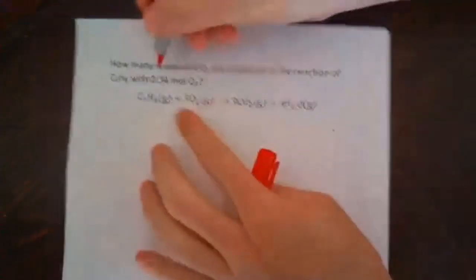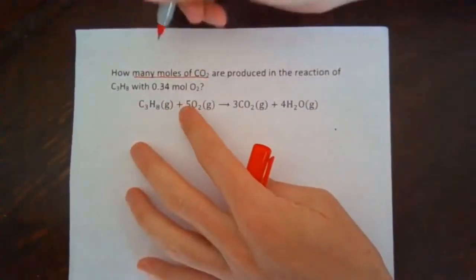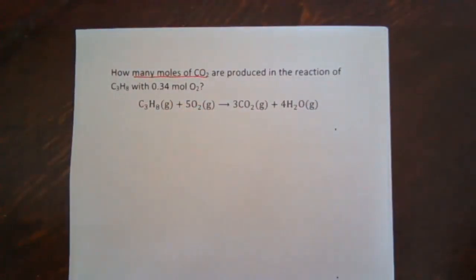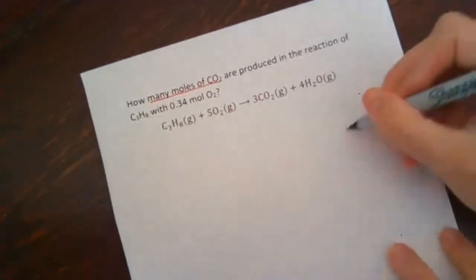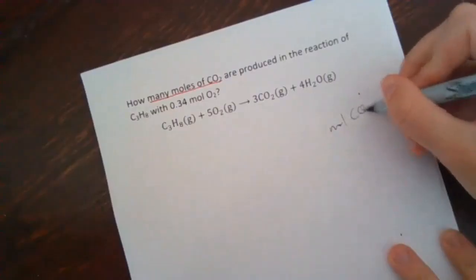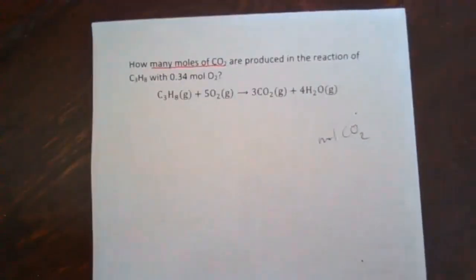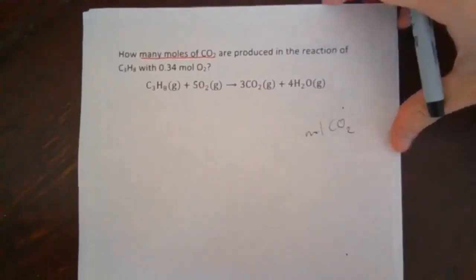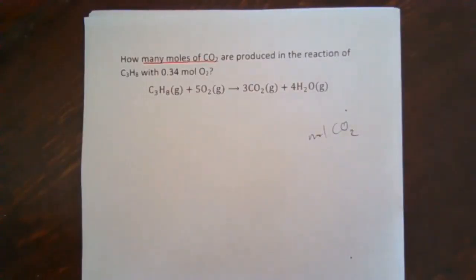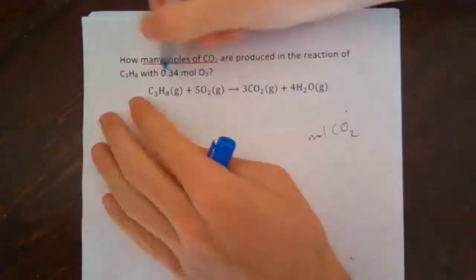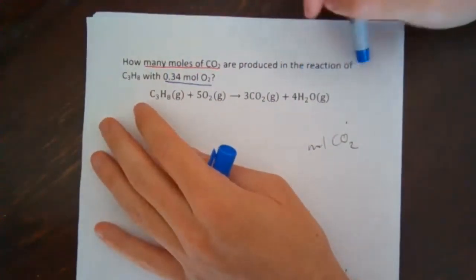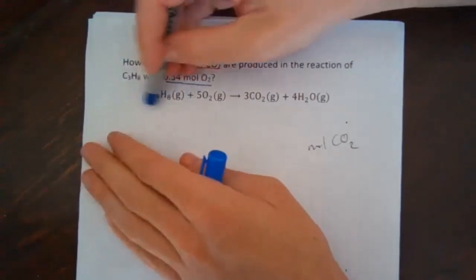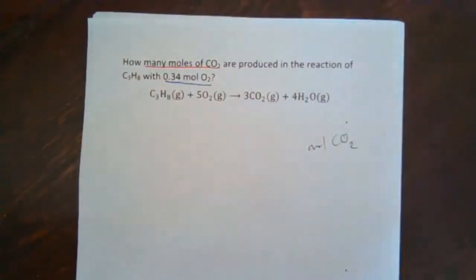Okay, so what we want is how many moles of CO2. So we know in the end we'd be looking for our answer to have units of moles CO2. And they're produced in the reaction of C3H8 with 0.34 moles of O2. So this is what we're going to have as our starting point. The fact that it's a reaction of C3H8 is just telling you this is the chemical reaction you're working with.